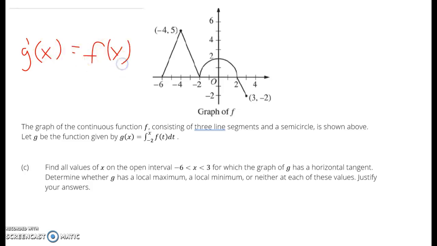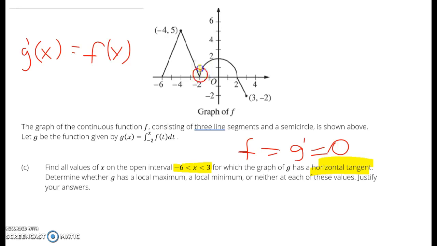So one thing that's really important here is that when we see this phrase, horizontal tangent, the annotation that we always used to make for that is that that means g prime has to equal 0. Since g prime is really f in this case, then I need the roots of this graph. Be careful because a lot of people want to include -6, but my window here does not include -6, so I cannot count that root.